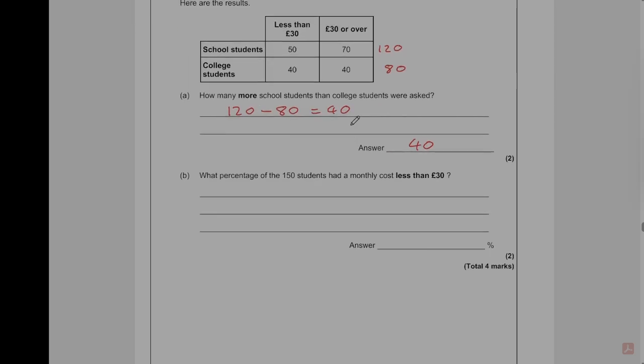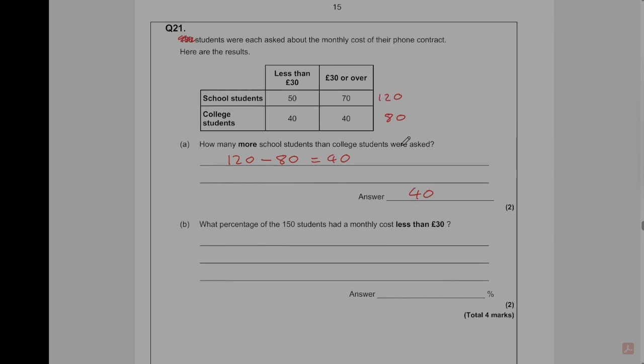So for part B, what percentage of the 150 students had a monthly cost less than £30? So I'm actually going to give you two answers here because I should have had this as 200. So I'm going to include the answer where it was 150, and I'm going to include the true value of being 200. So what percentage of the 150 had a monthly cost less than 30?